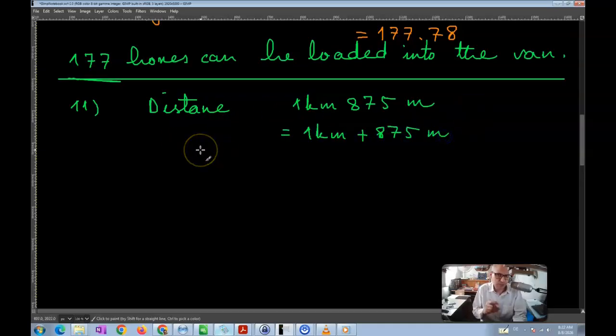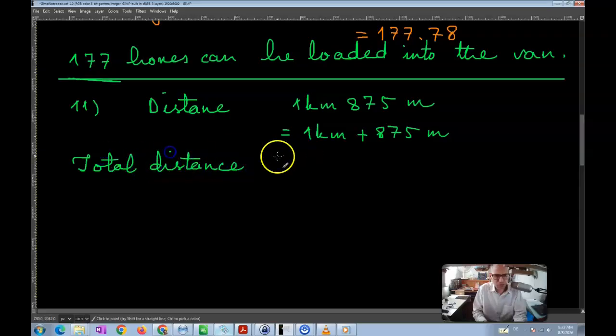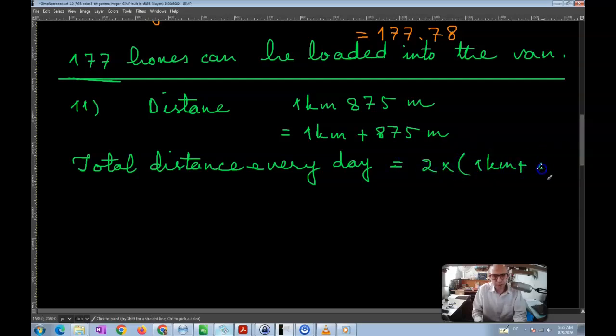Now since she covers this distance twice every day, meaning once she goes to school and then she comes back home, the total distance every day would be 2 times this distance, which is 1 kilometer plus 875 meters, right?